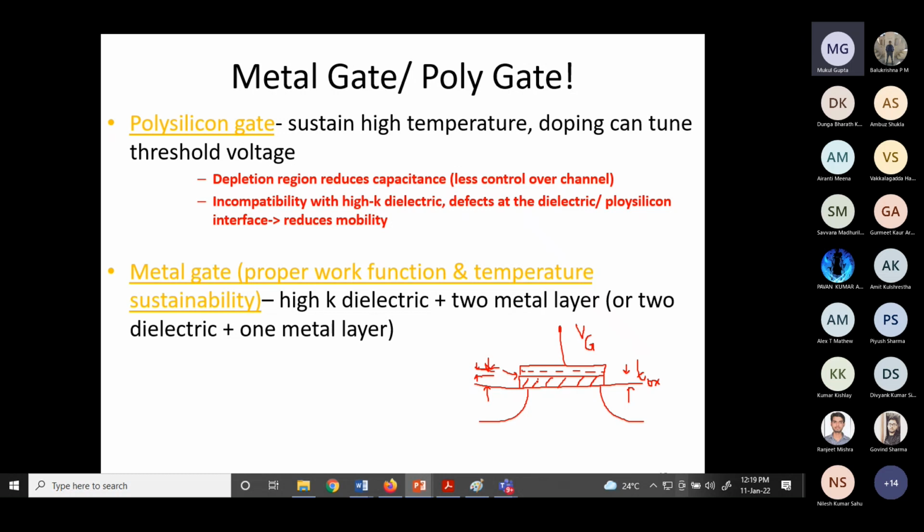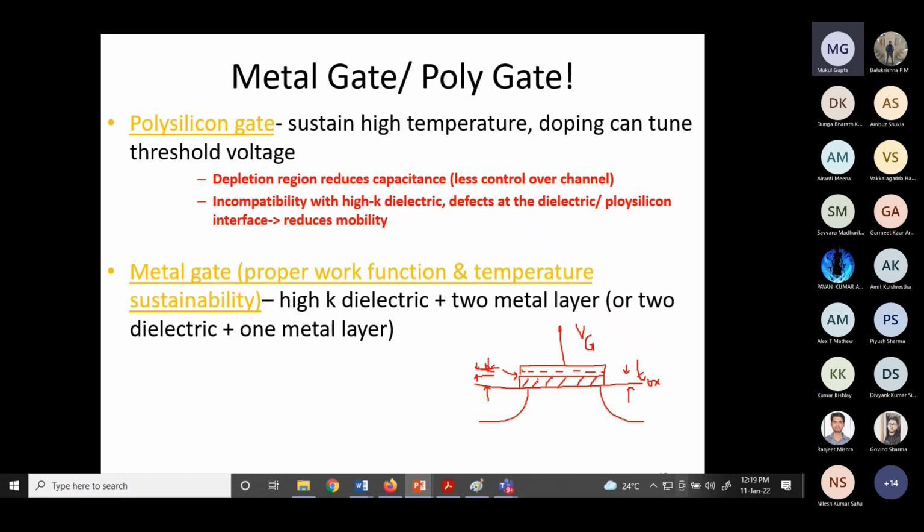But when we have a short channel device, the gate oxide thickness is very tiny, and that very tiny depletion region in the polysilicon also matters. We are reducing the thickness of the oxide to get better control from the gate side, but this additional depletion region in the polysilicon will add to the Tox. So it is basically hampering our goal.